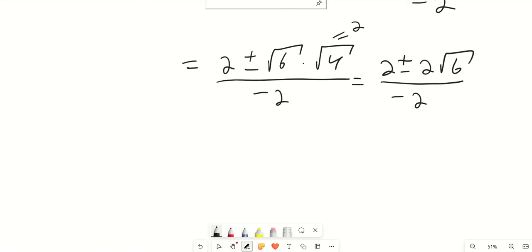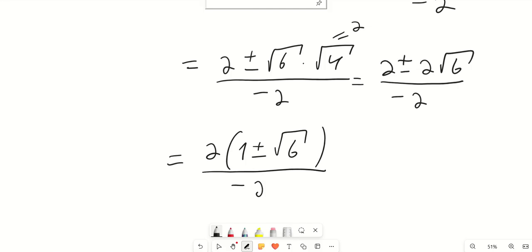So I can take 2 out in the denominator. I will be left with 1 plus or minus square root of 6 divided by -2, and then I can strike down 2 and 2. I still have -1 in the denominator, and therefore I get here -1, because I divided by -1, and plus or minus divided by 1 stays plus or minus.